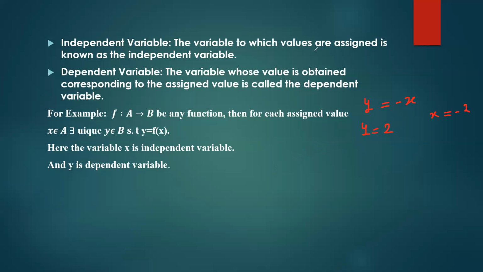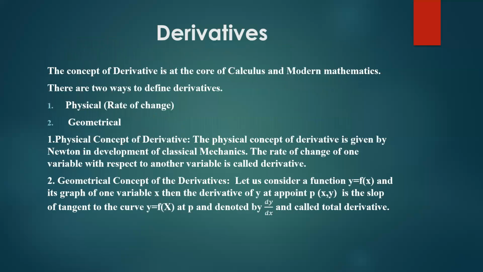Okay, now we go for the concept of derivatives. First of all, what is derivative? The concept of derivative is at the core of calculus and modern mathematics. There are two ways to define derivative.